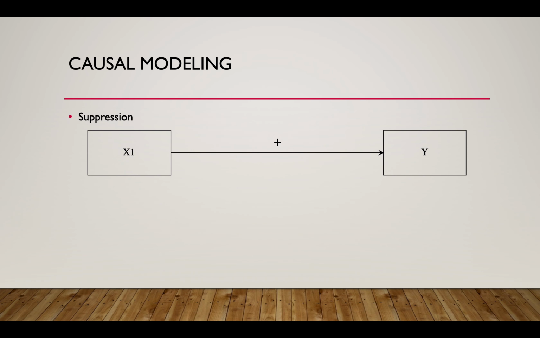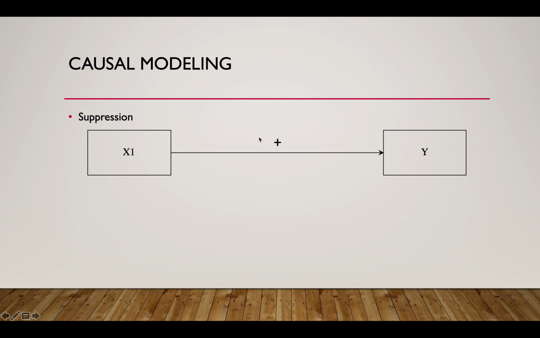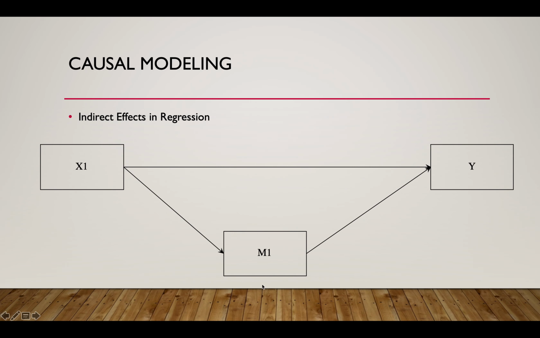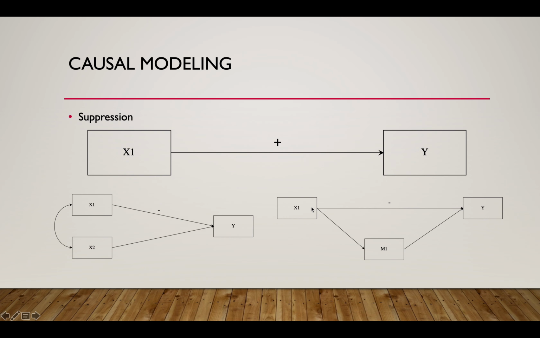We do have a problem, though, with mediation models, and that is something that we call suppression. So sometimes we will look at the relationship between x1 and y, this relationship right here, in a simple bivariate analysis, and we'll see that there's a positive relationship. Then we will add m1 to our model and look at the relationship from x1 to m1. And we can have a couple of different issues happen with suppression.